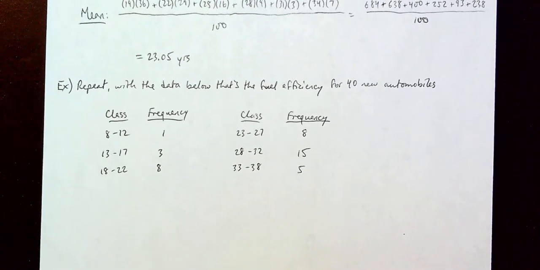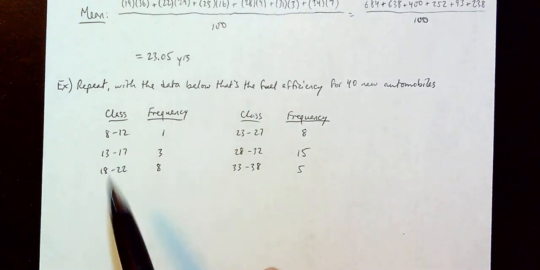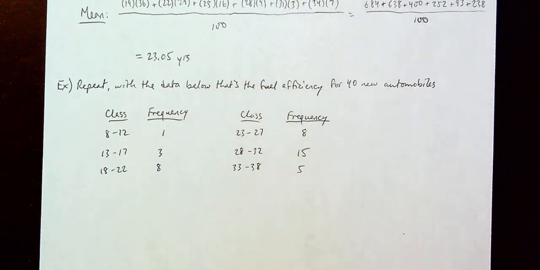So second problem, I want you to try on your own. Do the exact same thing, but with this new set of data that you're given here. Again, find the midpoint of each class and multiply the midpoint by the frequency for that class.